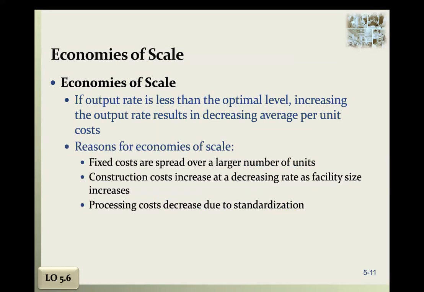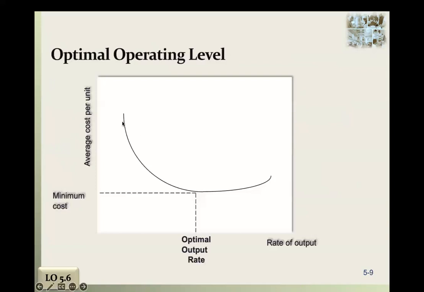This is further explanation of economies of scale. If the output rate is less than the optimal level, because it's on this side, then if you further increase, your cost is going to decrease.